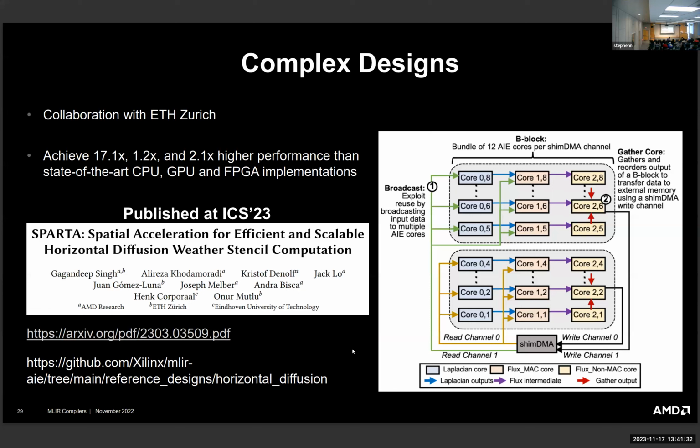The fact that on the AI engine array, you can explicitly express how the data needs to be moved, and you can also explicitly express how you want to spatially map your application at hand on an AI engine array, allows to really get a high architectural efficiency. And that was done with our academic partners at ETH Zurich, and we're able to talk about that at one of the supercomputing conferences this year.